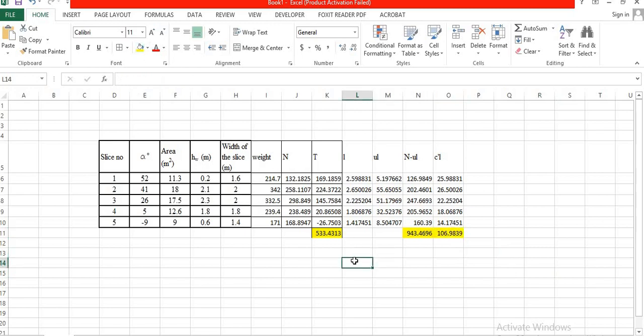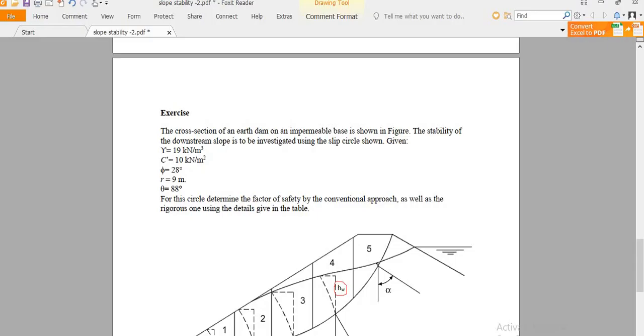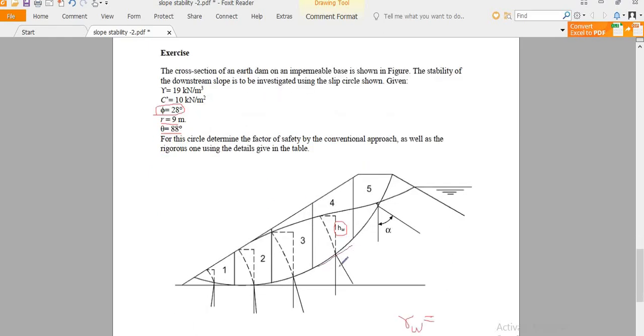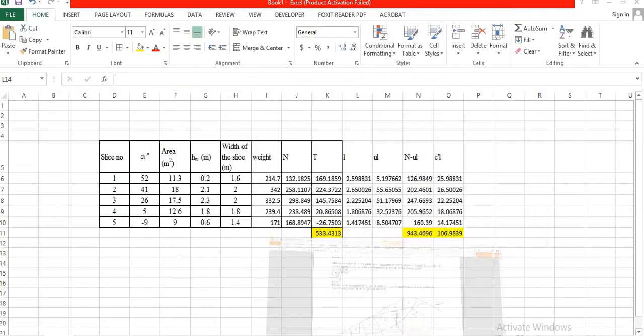So now we have everything we need, and finally the tan phi value is given as 28. Now you can see we don't need this r and theta because we have found L values for each and every slice, right? So phi dash is 28, right?